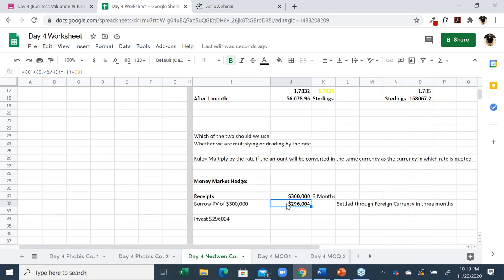So we cannot straight away pick these dollars and invest. So first we need to convert this 269,004 into pound sterlings. So that's why I have left this space, so that you should know that these dollars should not be straight away invested. They should be converted first into sterlings today.